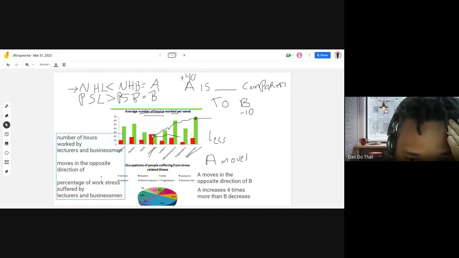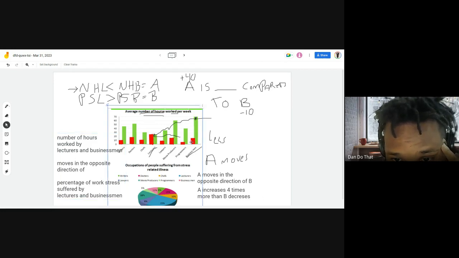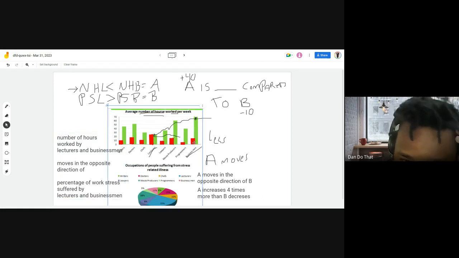It's what, 25 and businessmen is 15. No, businessmen is only 11. Where did I get 15 from? Whatever. It's supposed to be 11.